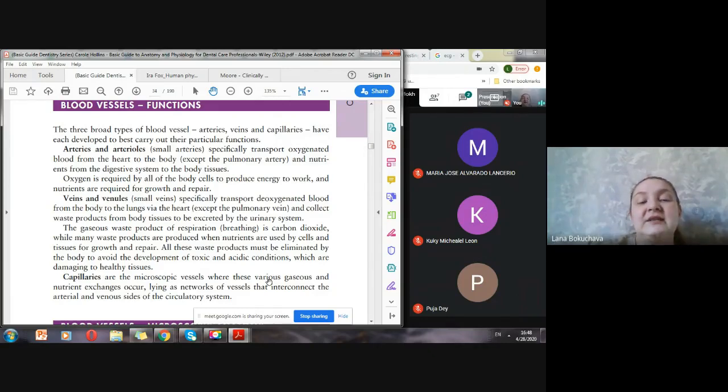Now, what is interesting is that in the case of capillaries, the smallest branches of the arterioles, the important thing here is what type of wall they have. We'll see that in microscopic anatomy in the next lecture, but the important thing is that compared to the arteries, even arterioles, as well as veins and venules, their wall is extremely thin. Why?